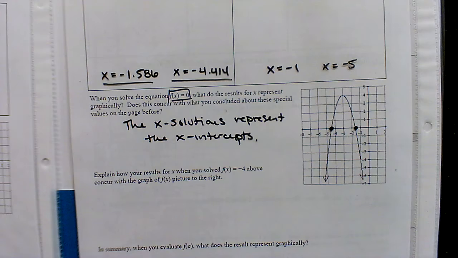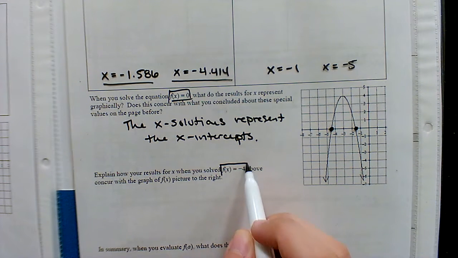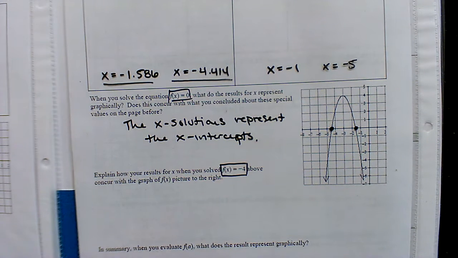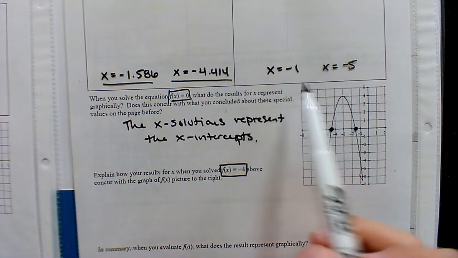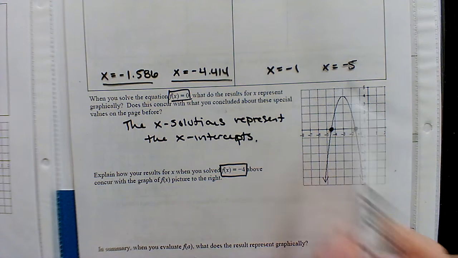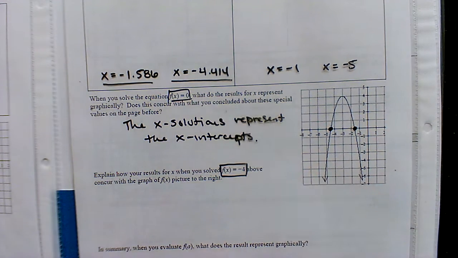On the other hand, what about the other one we did? What if we had a y value of -4? Where are the solutions of -1 and -5 showing up on the graph? Can we describe where they might be?